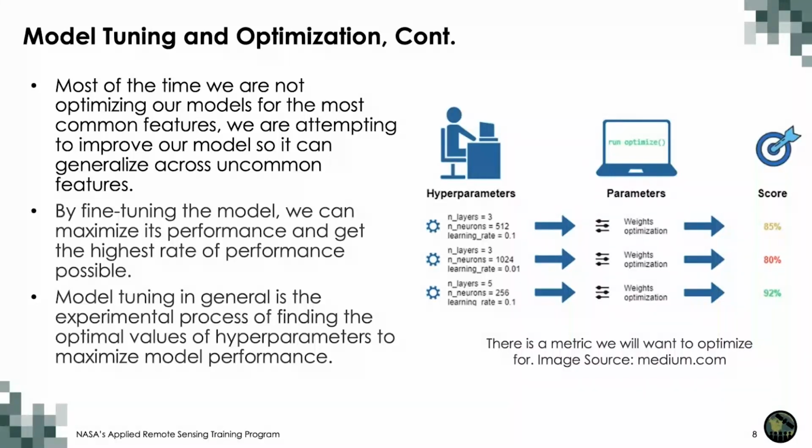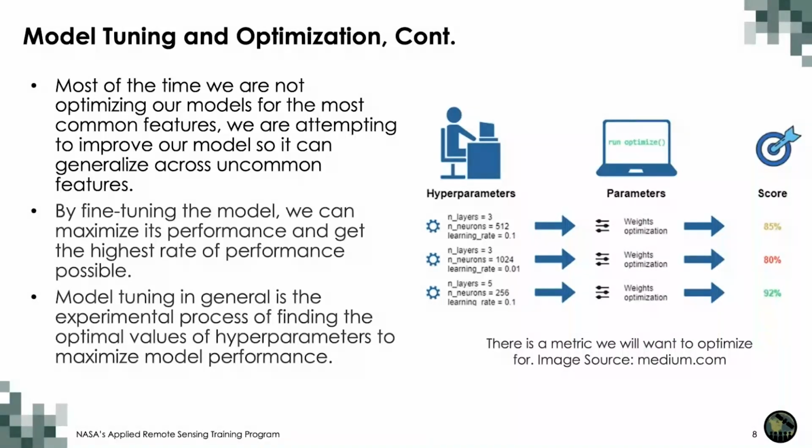Now, those outliers or those regions that are not completely similar to your representative training data set might need additional help. And this is where model tuning and parameterization comes into play. By fine-tuning our model, we can maximize our performance to get the highest rate of performance possible.